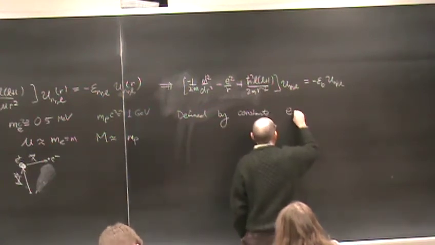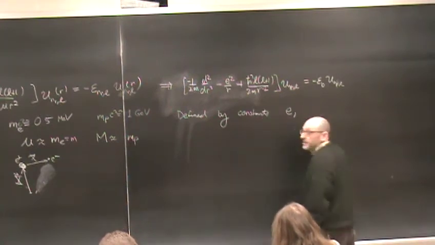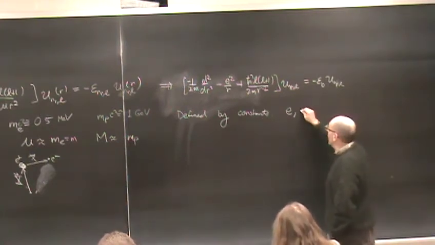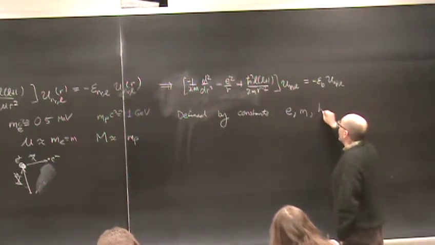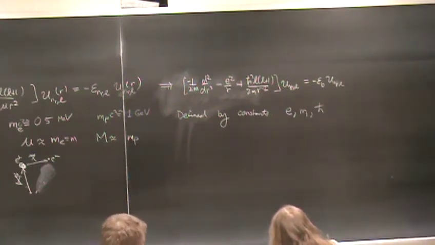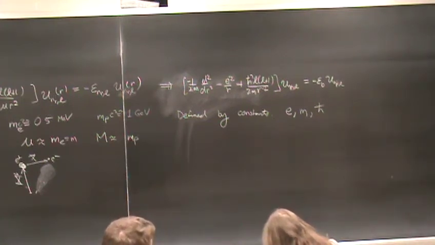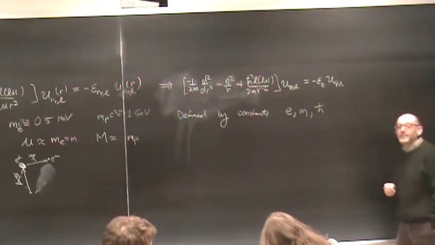We have the charge of the electron, or minus the charge of the proton. We have the mass of the electron, and we have h bar. Okay, those are our constants. If we wanted to work in SI units, we'd also have epsilon naught.